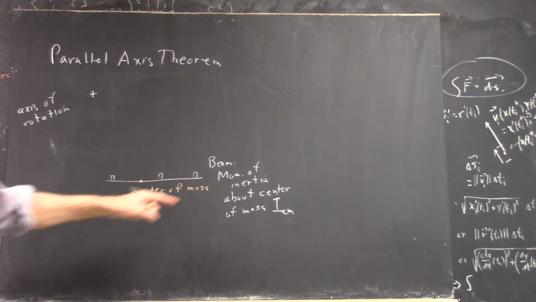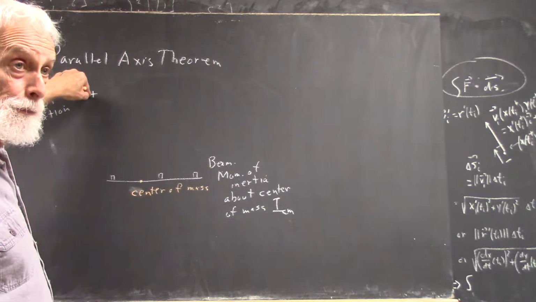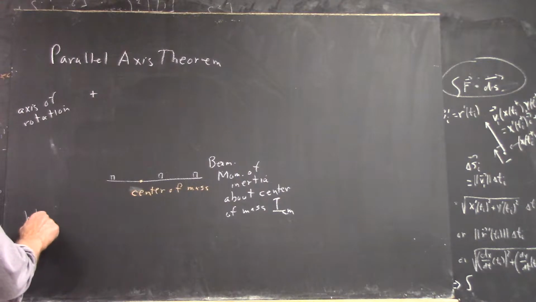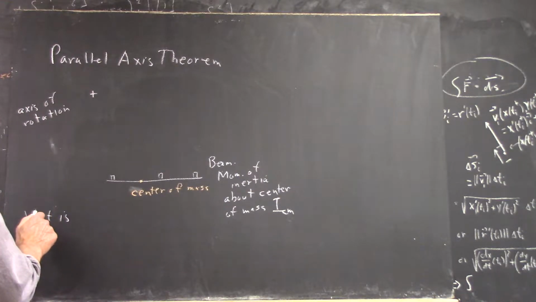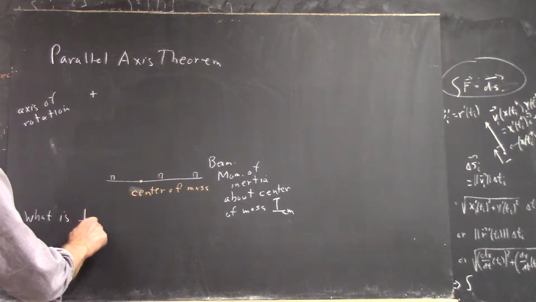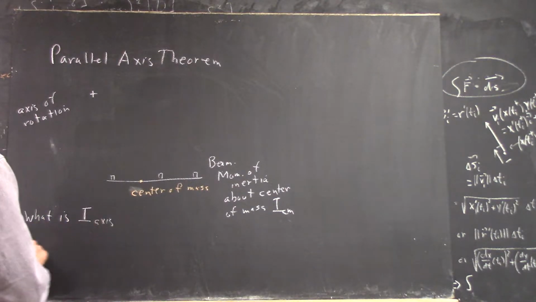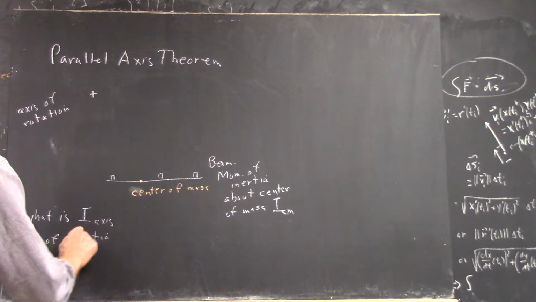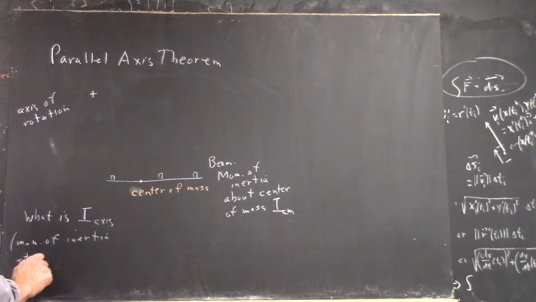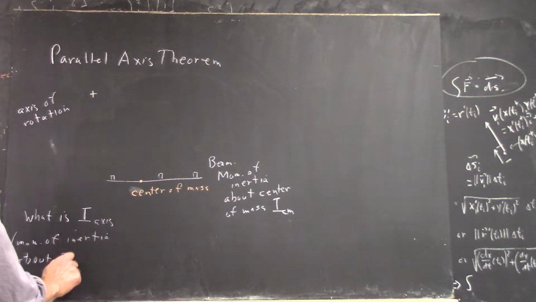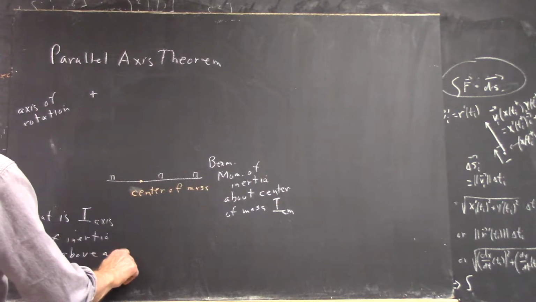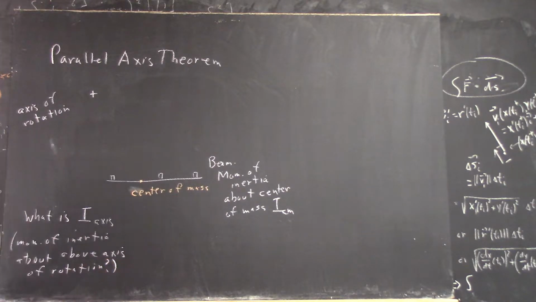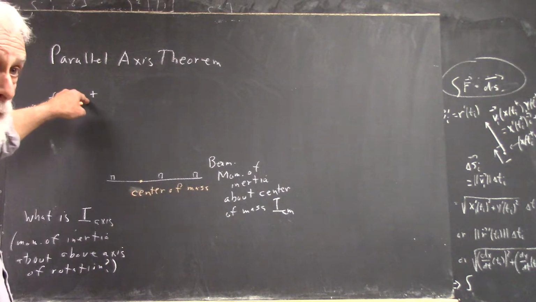What's the moment of inertia of this beam relative to this axis? What's the moment of inertia about this axis?